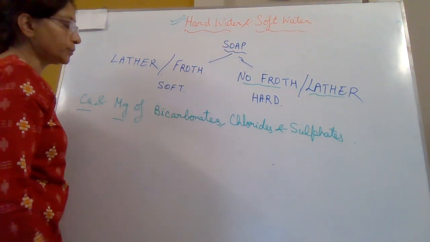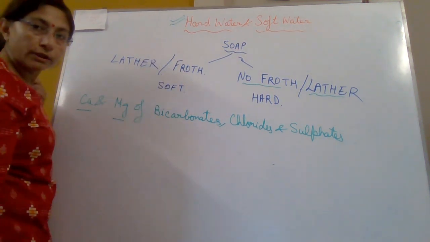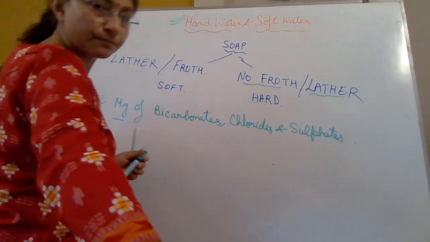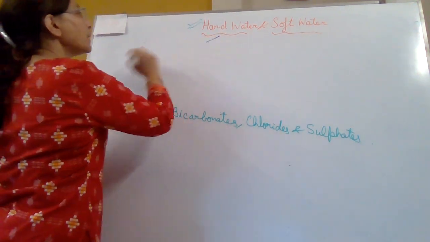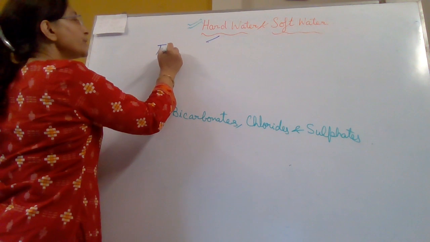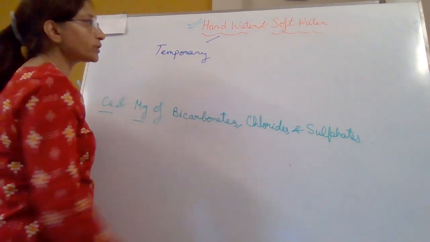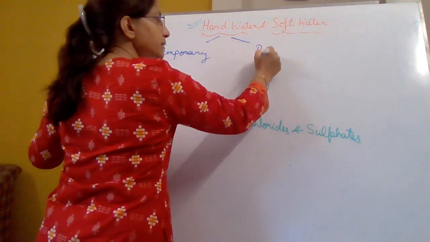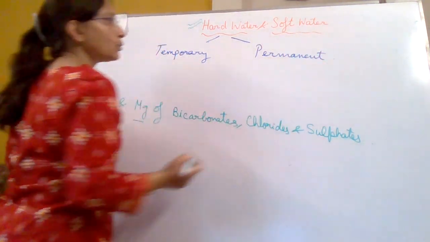Now again, the hard water is of two types. The number one is temporary hard water, and the other one is permanent hard water.